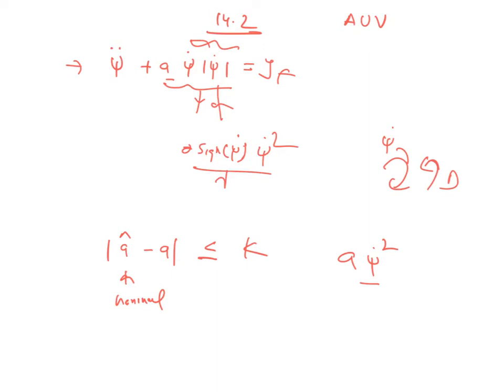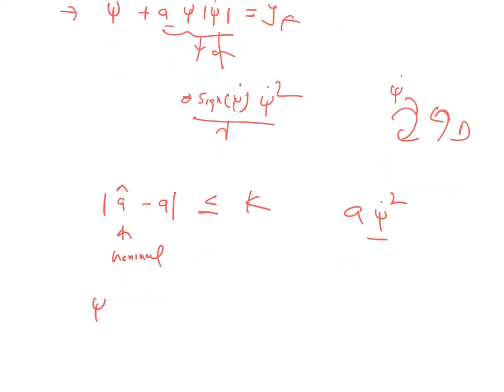The psi reference trajectory we have to track is psi r of t equals sine of 2t. So we want to track a sinusoidal trajectory; the heading of the vehicle should do a sinusoidal motion.